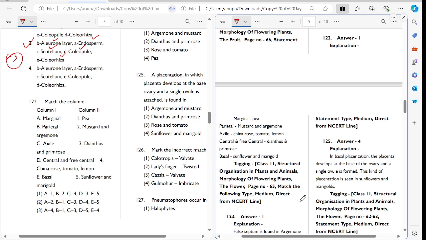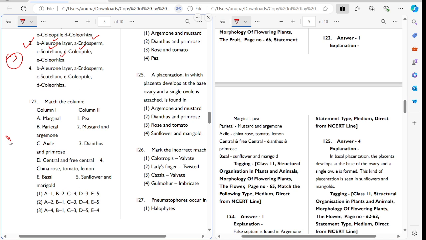Question number 122 states match the column. It is a match the column type question where two columns are given, column 1 and column 2. Here in column 1 we have marginal, parietal, axile, and central and free central. These are types of placentation. Different types of placentation are given, and here names of plants are given.